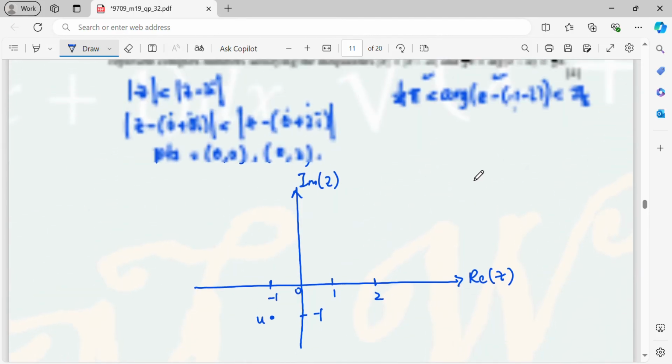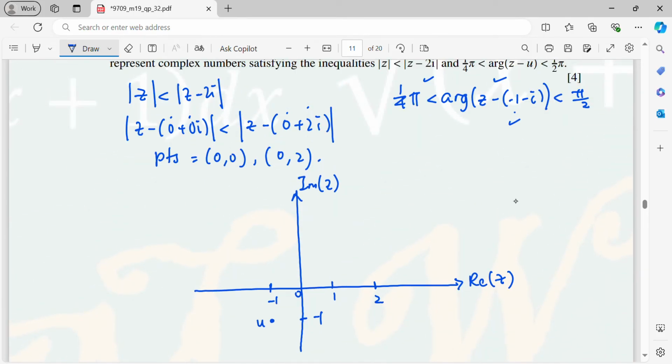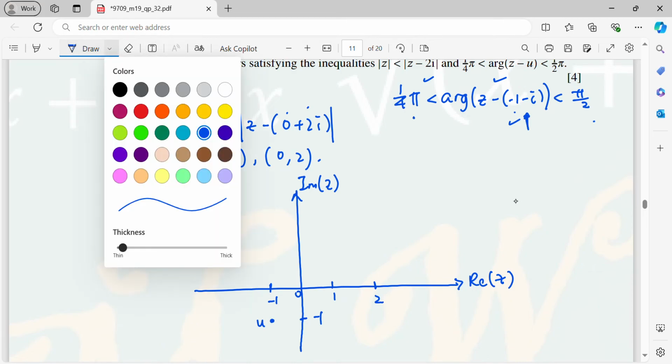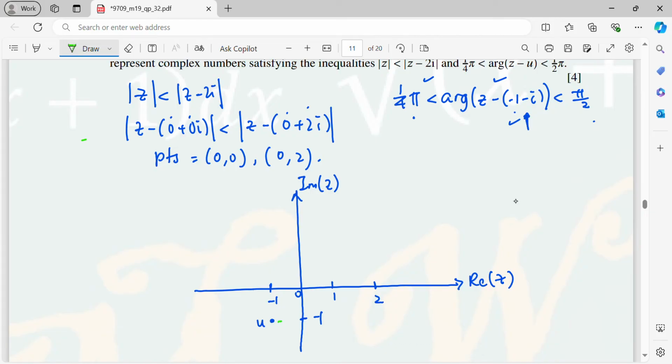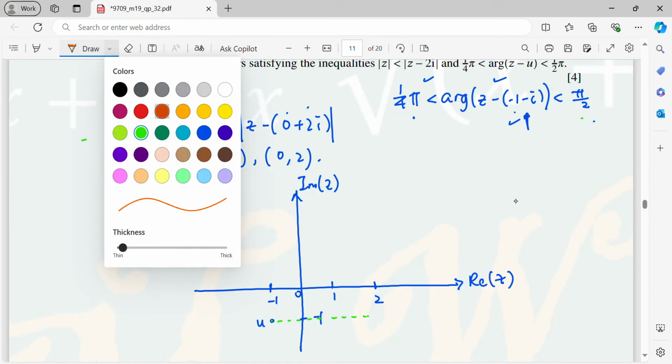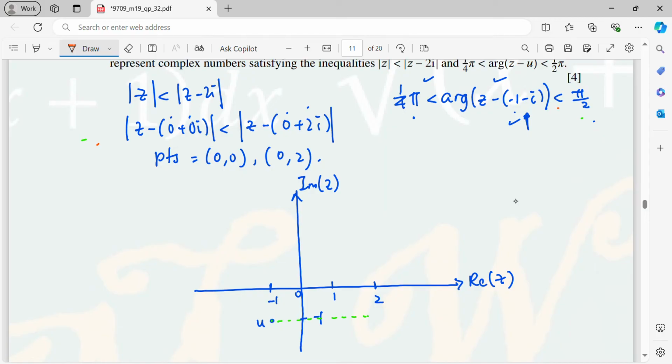Alright, so then the question says, on the sketch show the point, just point, done for the point. And now here, you refer to this u as a point, reference point, and mark the angles, half pi and 1/4 pi. So if you treat this as the reference line, okay, so now your half pi is basically 90 degrees. So here is my half pi. And there is no equal sign for both inequality, so I should use the dotted line.